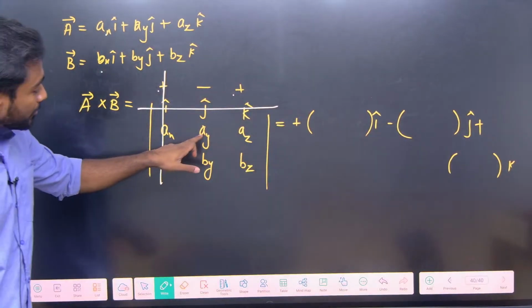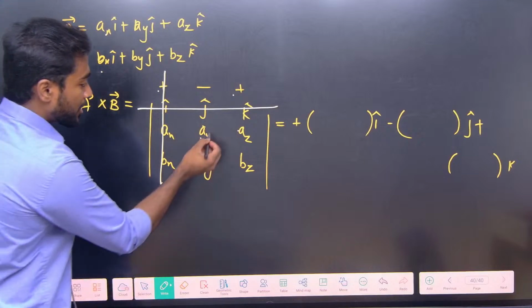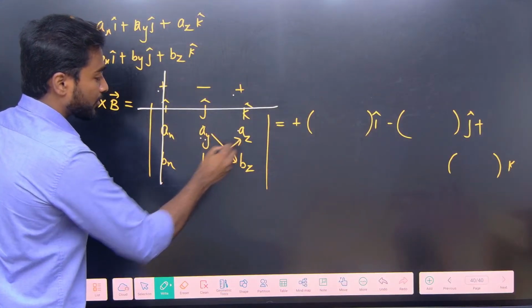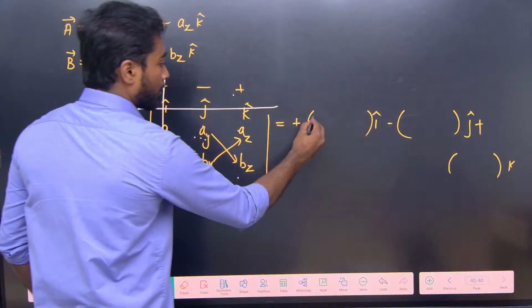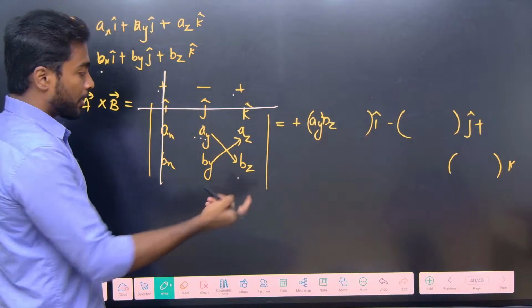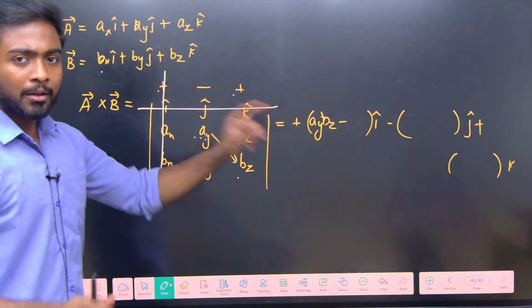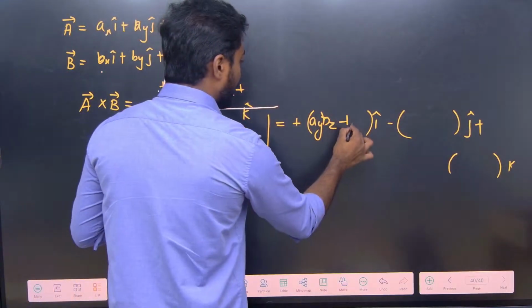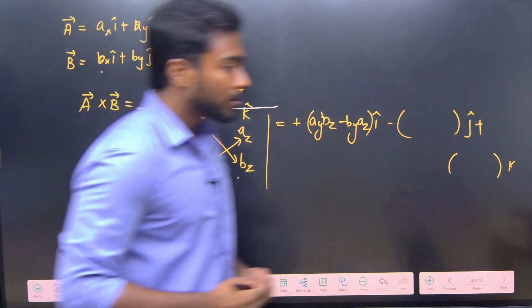What are the remaining things? Ay, By, Az, Bz. Just cross multiply: Ay into Bz, but before going for the next one, keep a minus symbol, whatever it can be. So this is By Az.